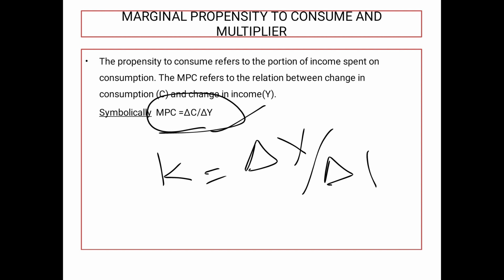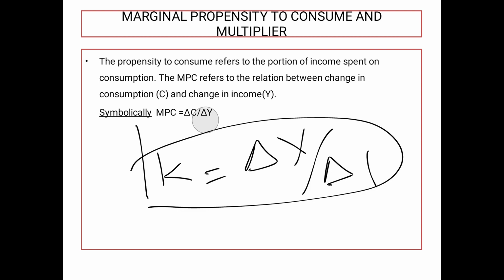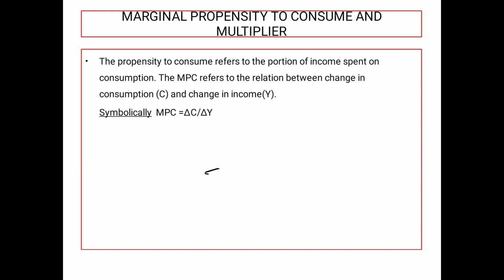Change in C by change in Y. I wanted you to recall this formula, that's why I have written it here. Next we are going to see the value of the multiplier. It depends upon MPC.